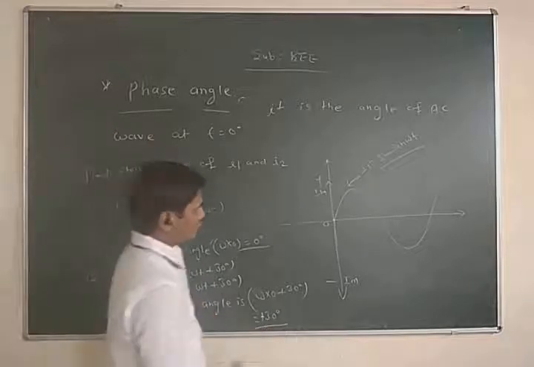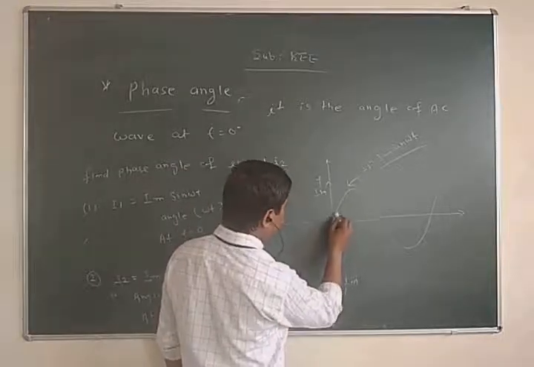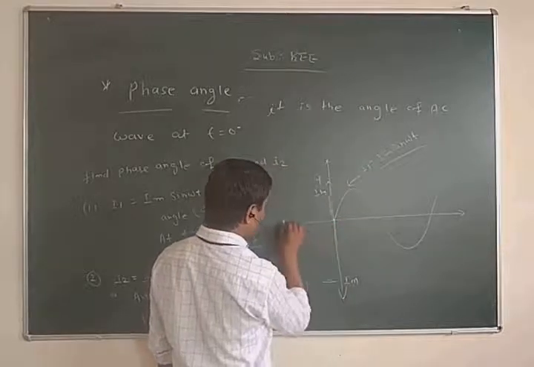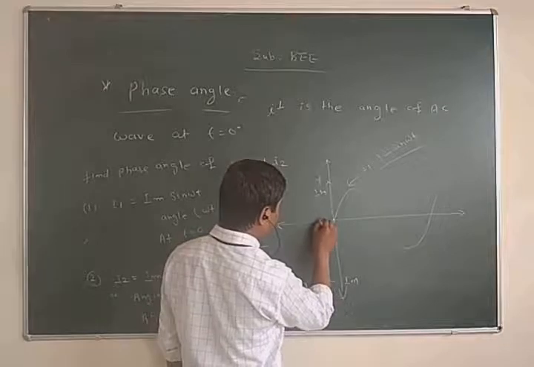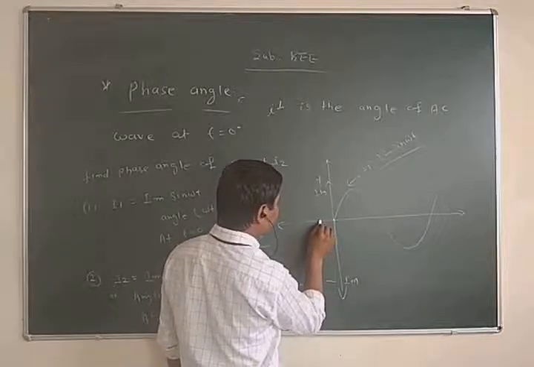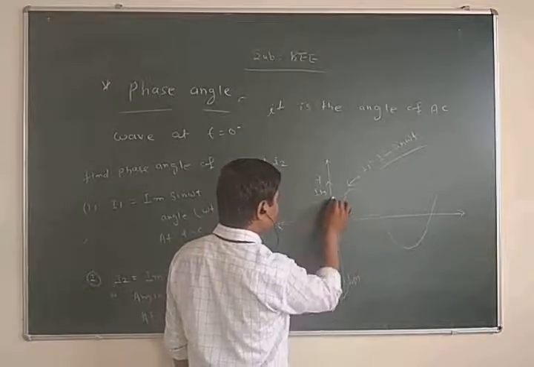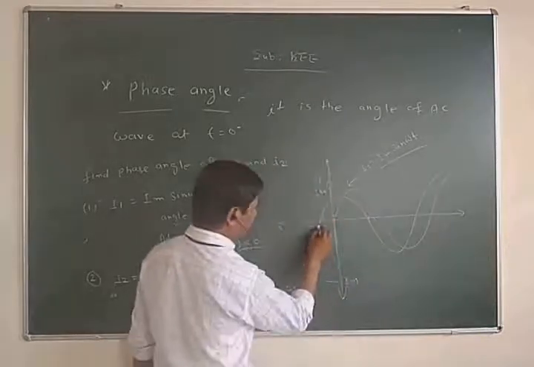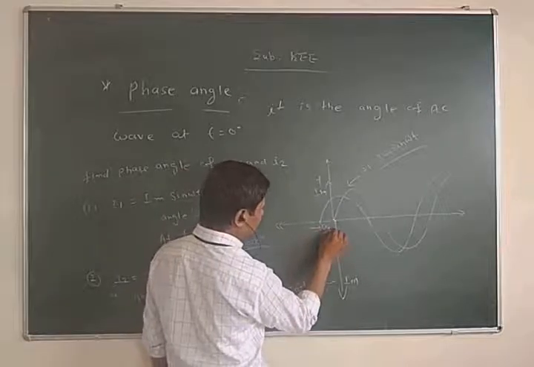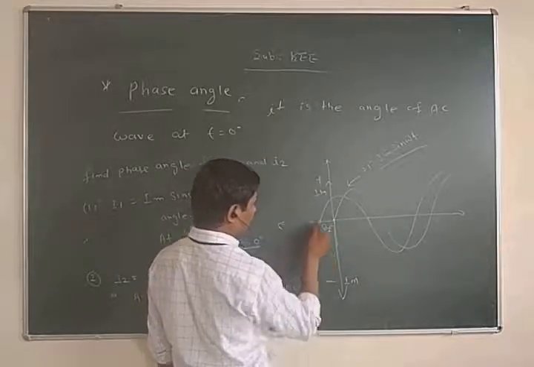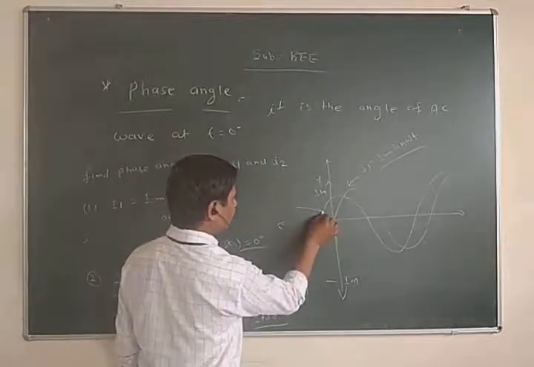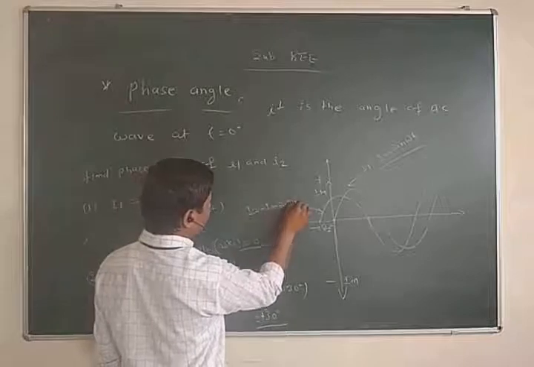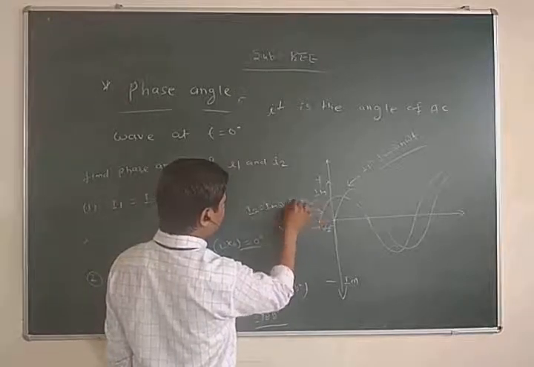So plus 30 is around here, and this waveform is represented in this way. This angle is theta 2, and this waveform is I2.